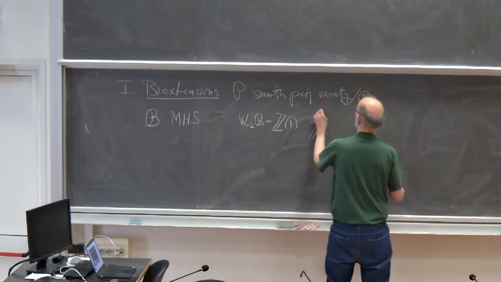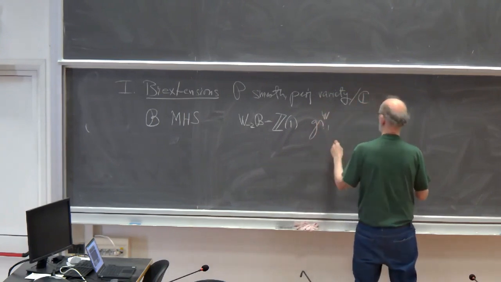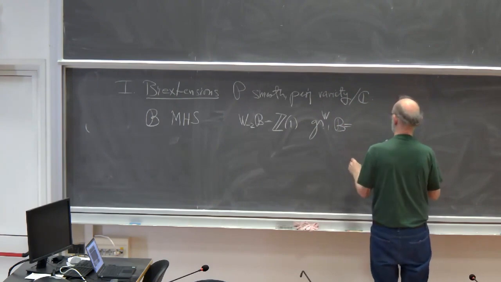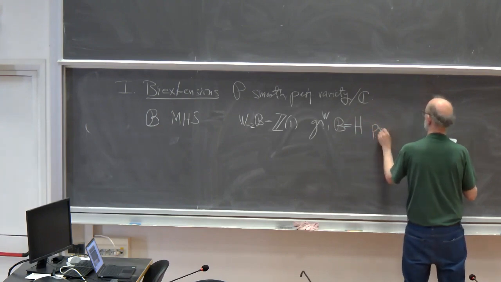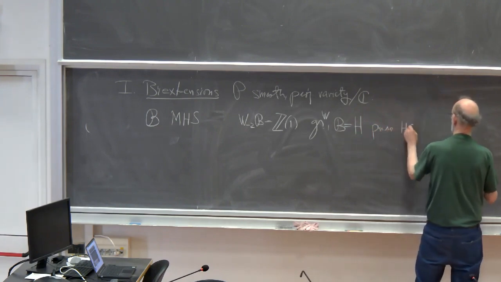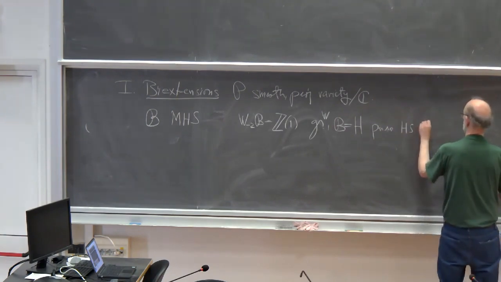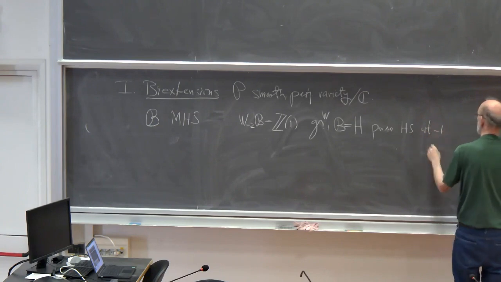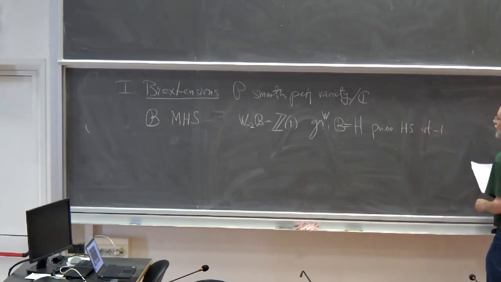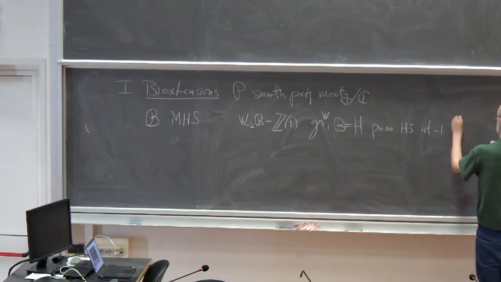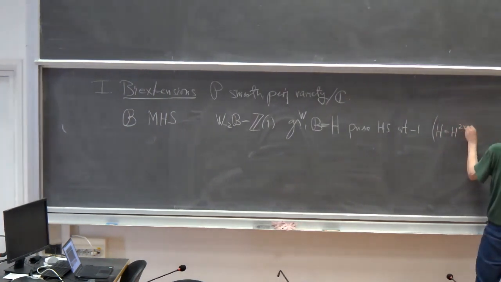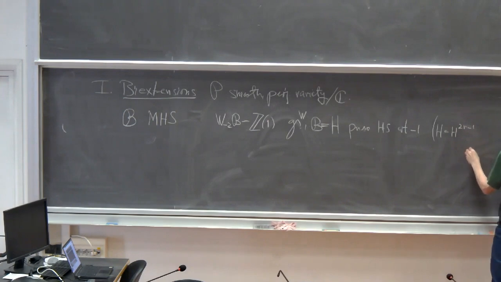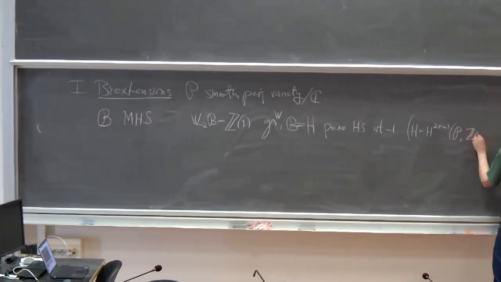And Gr W minus 1 of B is H, which is a pure Hodge structure of weight minus 1. And we always think in our heads of H equals H^(2r minus 1) of P with coefficients in Z of r.